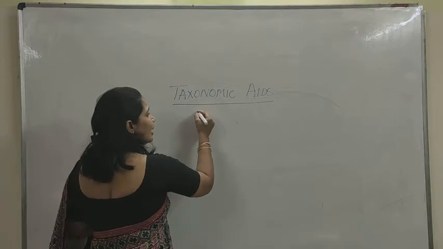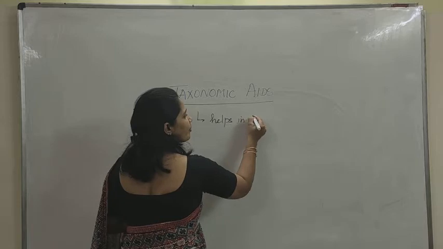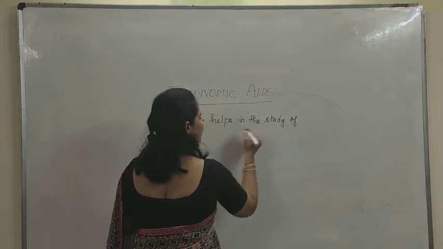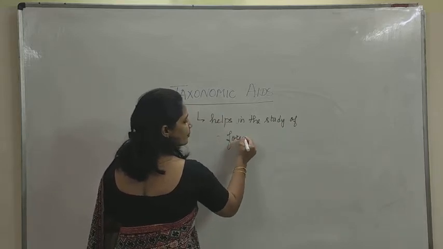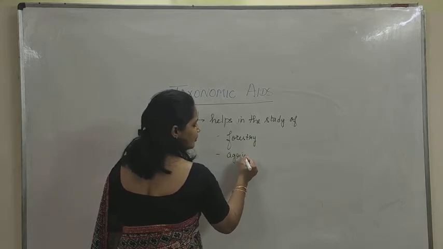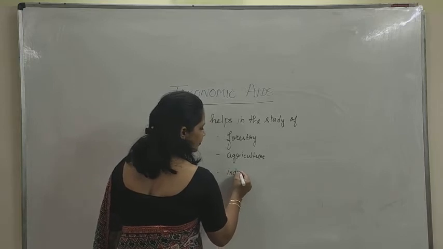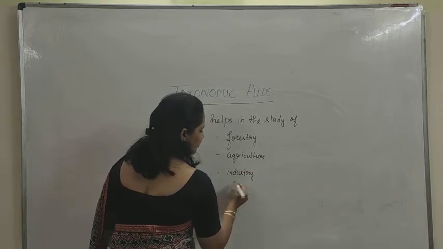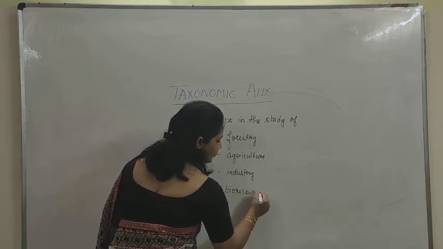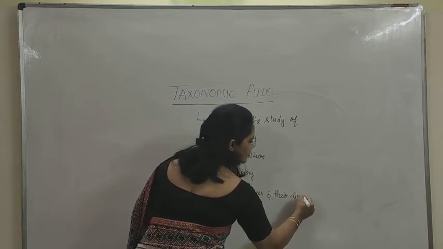So the taxonomic aids help in the study of forestry, agriculture, industry, bioresources and their diversities.